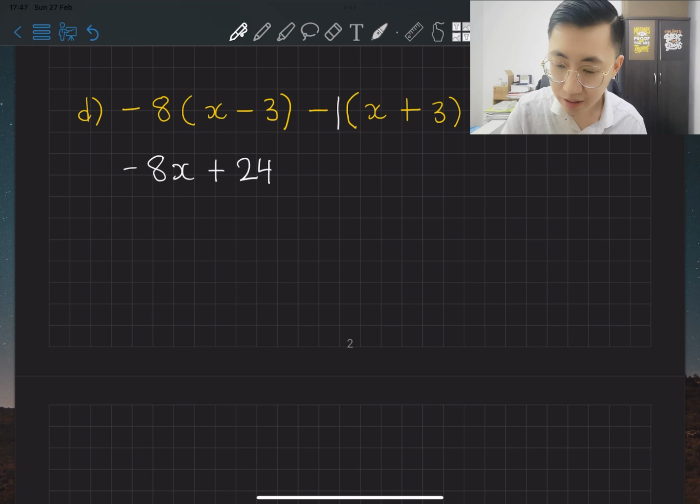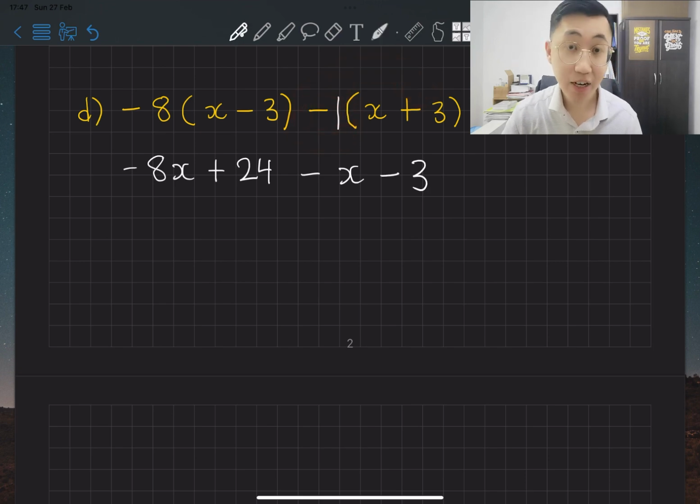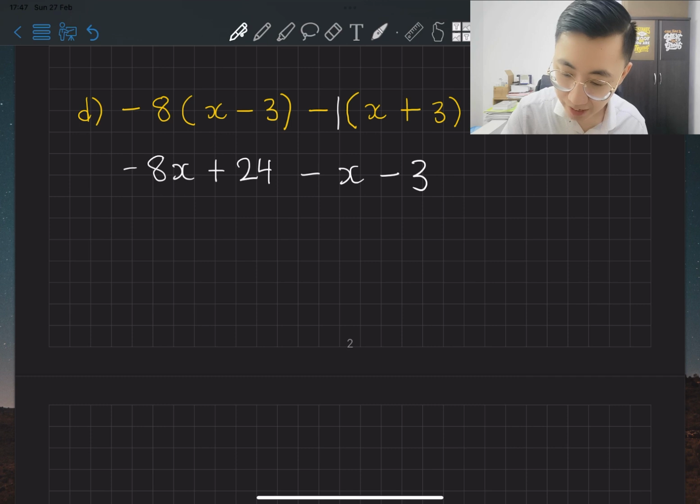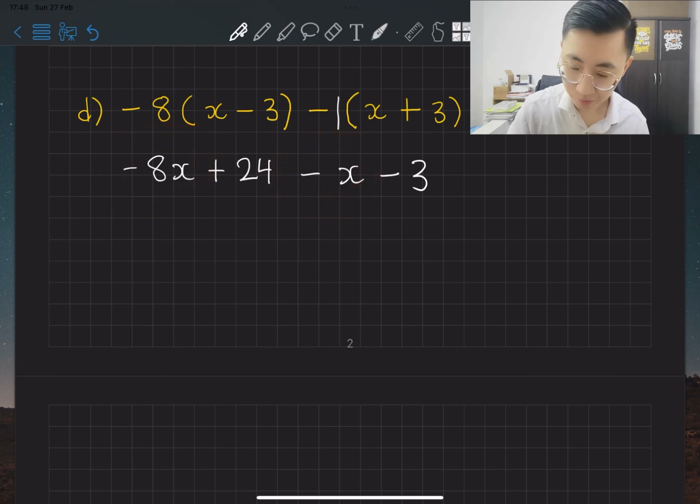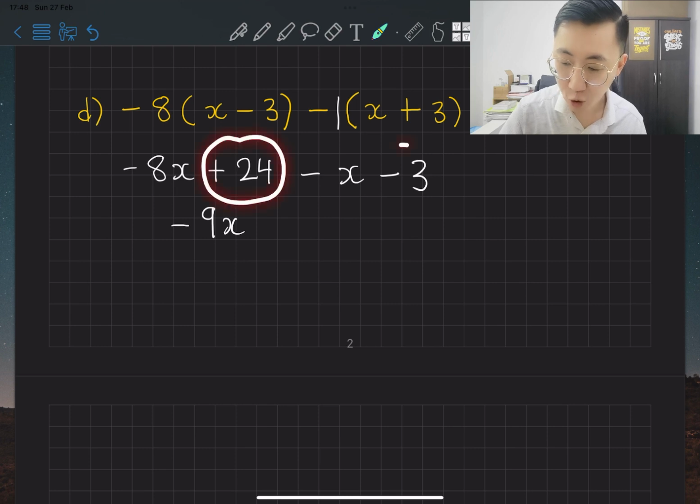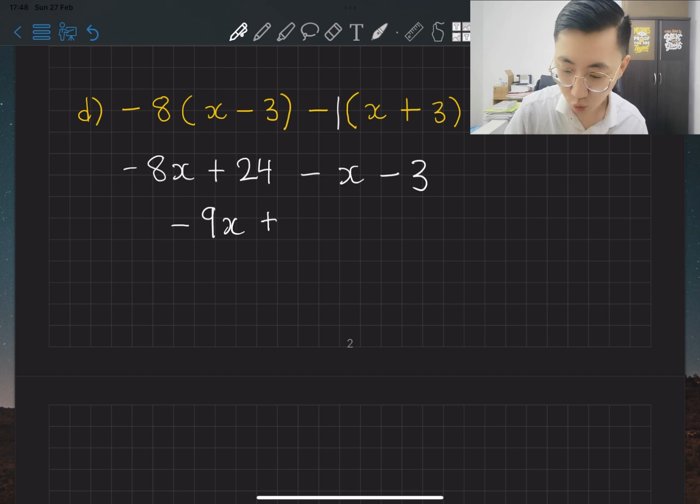Minus 1 times x will give you minus x. One more time, minus 1 times 3 will give you minus 3. Now simplify. The x family here and here will give you minus 9x. Last one, number with number, 24 and minus 3. So 24 minus 3 will give you plus 21.